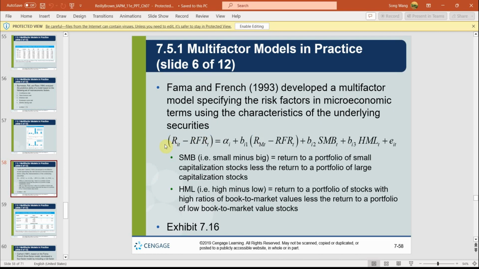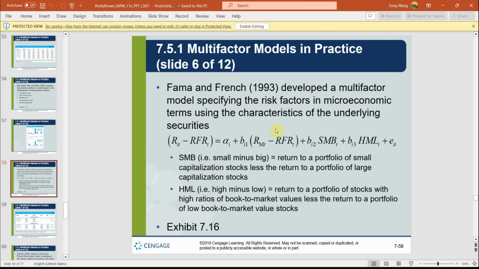So when we use this model, we use it to predict the performance of a fund, a portfolio with a group of stocks instead of just a single stock. And right here you've got this risk premium. Once you take the return minus the risk-free rate, then we call that the risk premium. Okay, that's the Y value to be predicted by the model in the regression analysis.